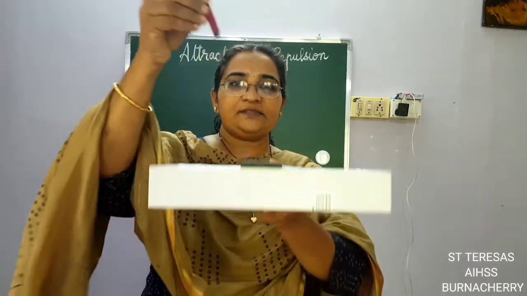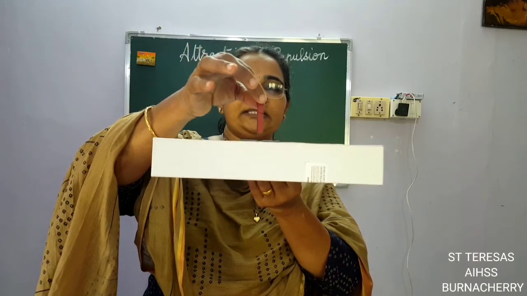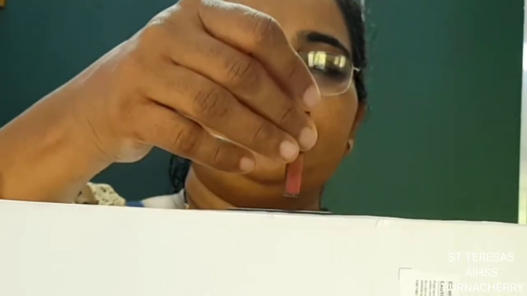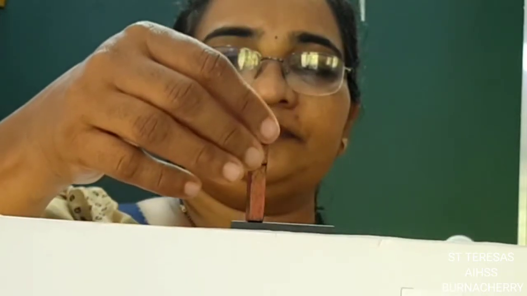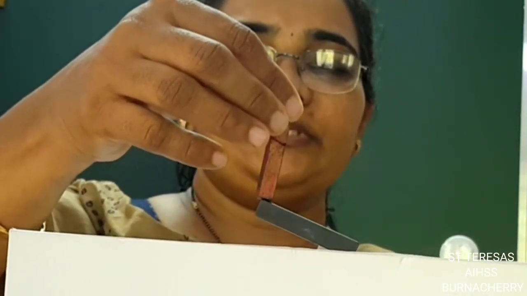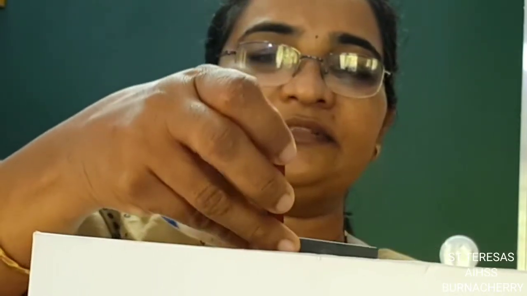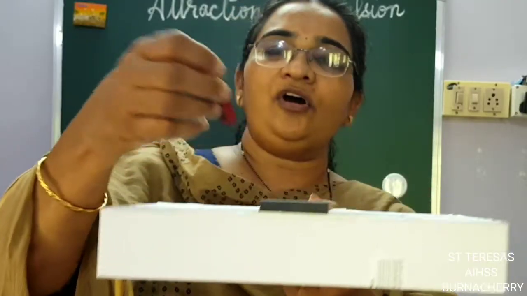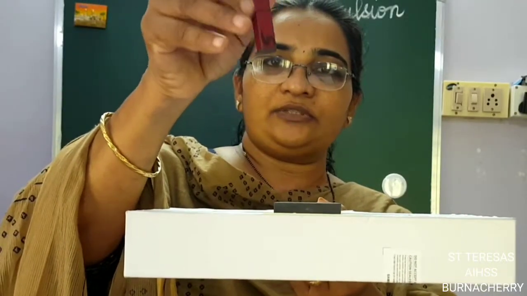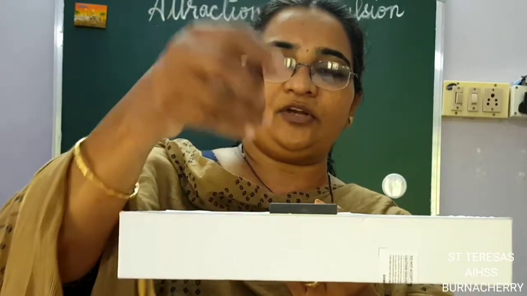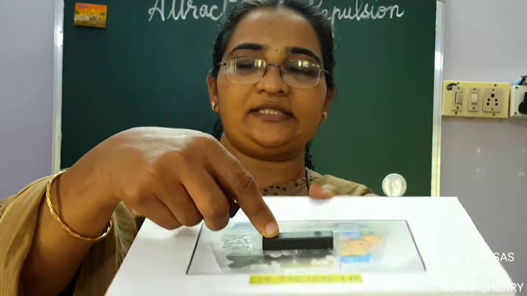Now I am bringing this magnet close to it in the center. It is coming and sticking here, isn't it? Down is the south and the top one is the north.